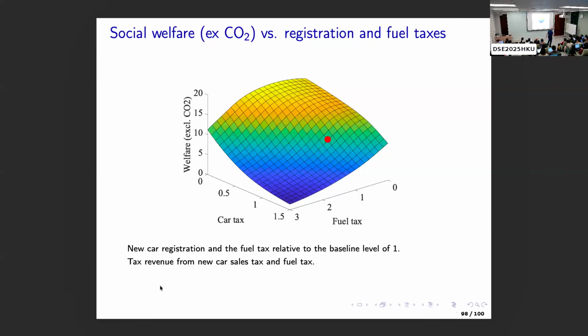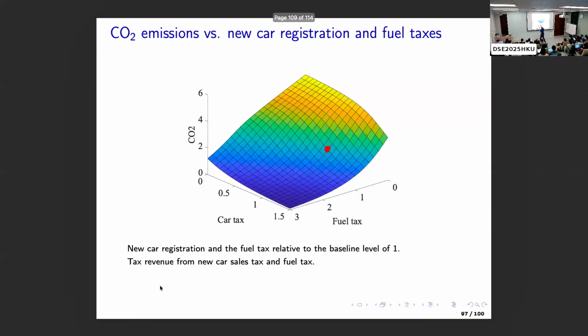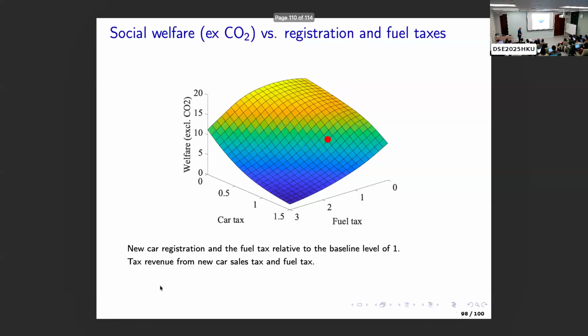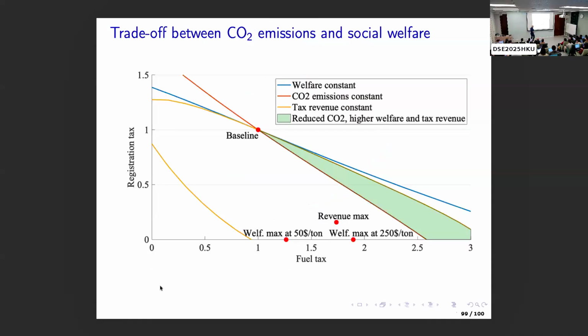But if you add these together, because CO2 enters negatively into the social welfare function, you can calculate, depending on the price of CO2, where the welfare max is in this model.